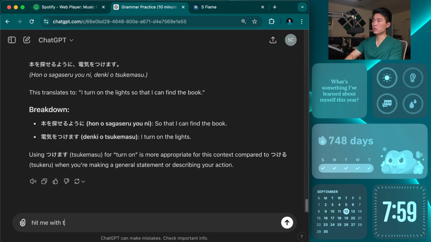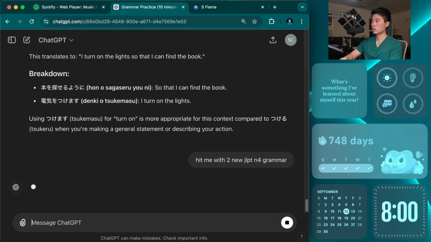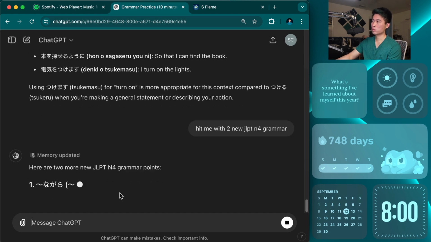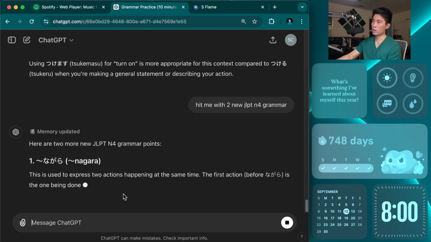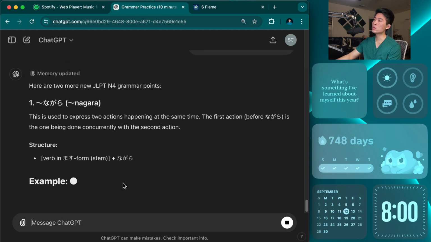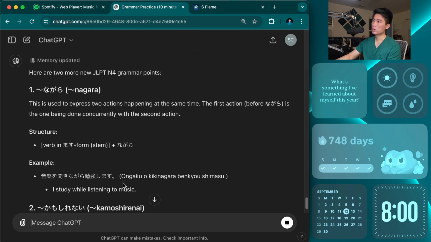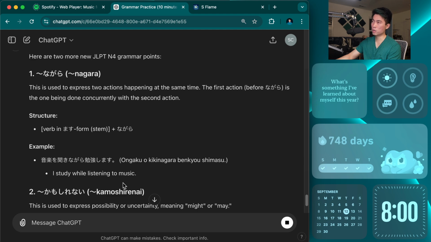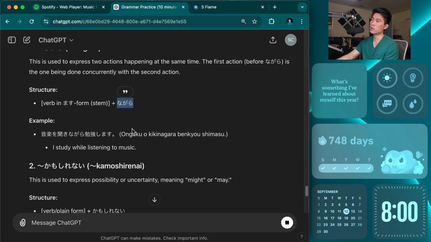Hit me with 2 new JLPT and 4 grammar. Nagara, I already know that one. And then kamoshirenai, I also already know that one. Nagara is just like you're doing 2 things at once, and it uses the masu stem.